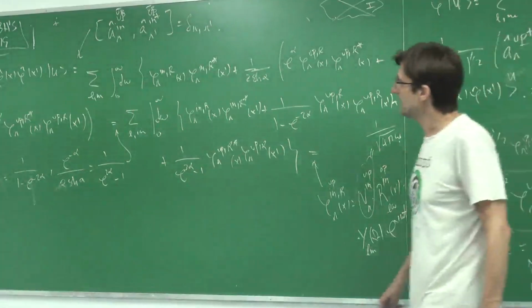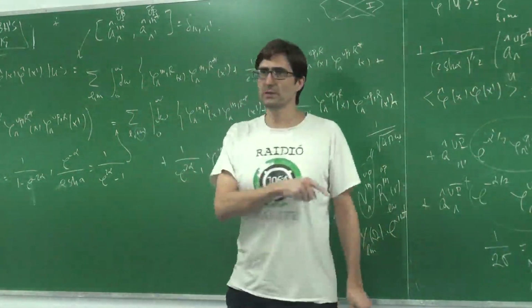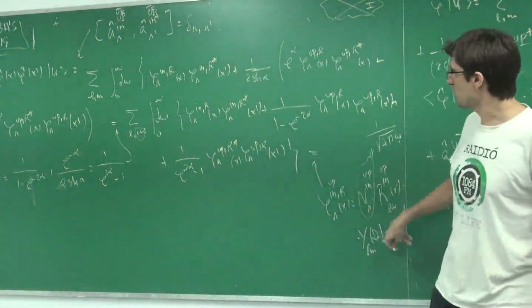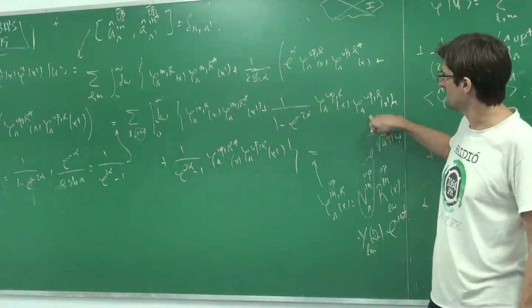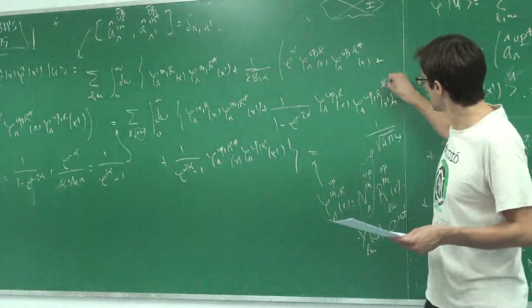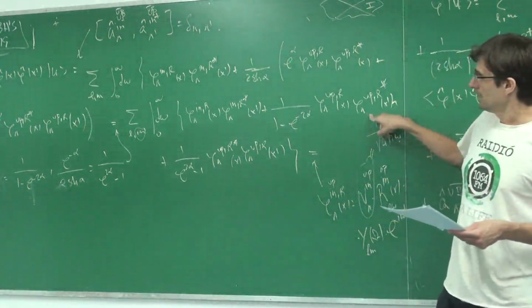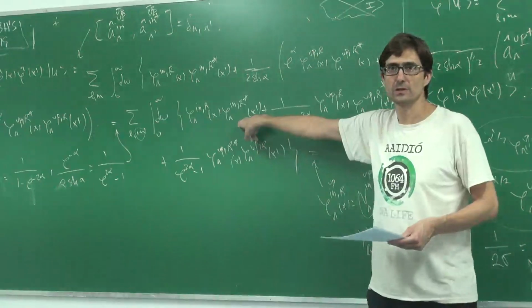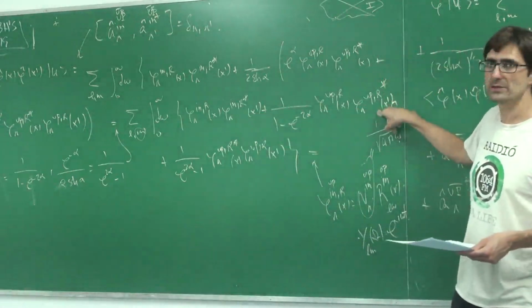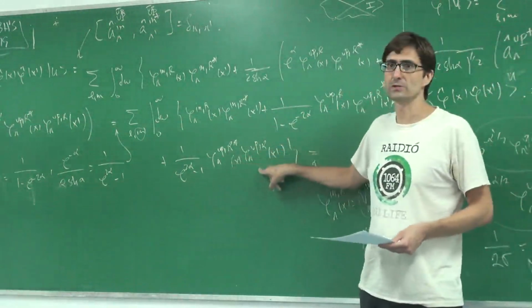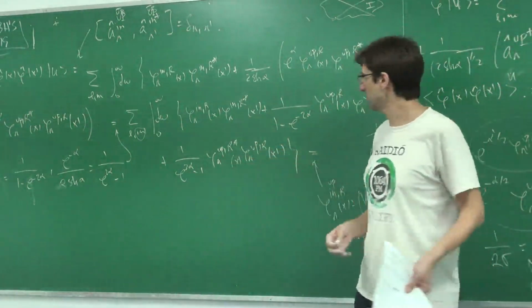So you can really take the sum over m, which is from minus l to l, inside. All you have is y's times, I'm missing a complex conjugate here, yes, it's the complex conjugate. So all you have is y's times the complex conjugate of y, and you can do the sum over m for that.